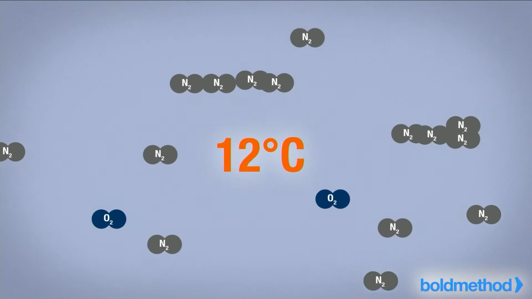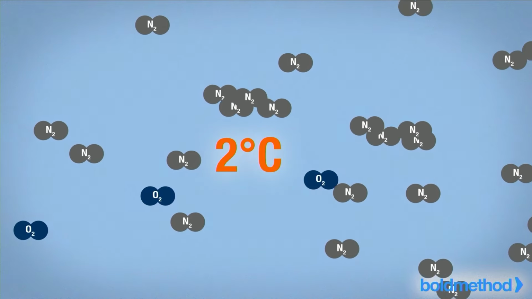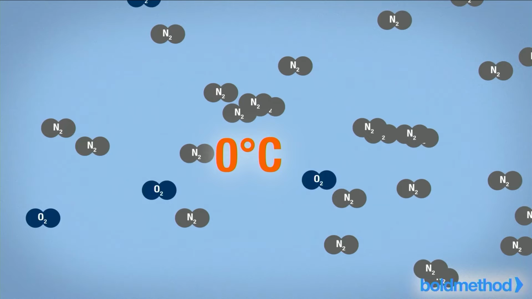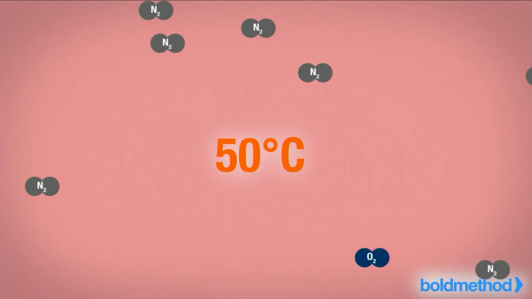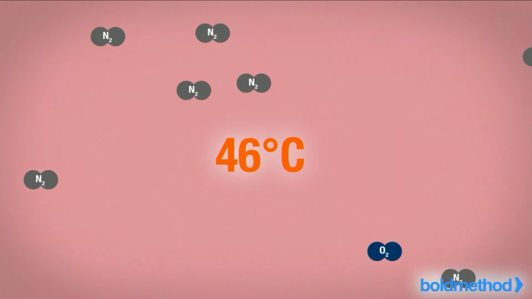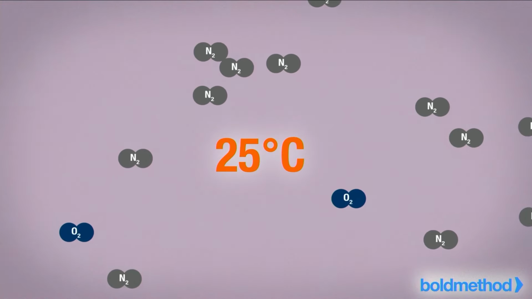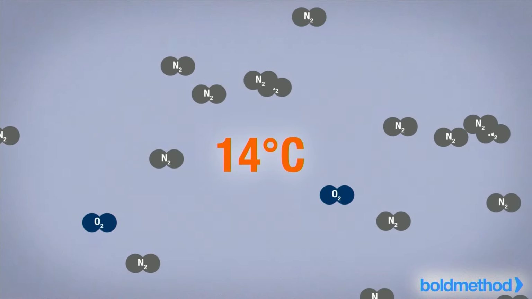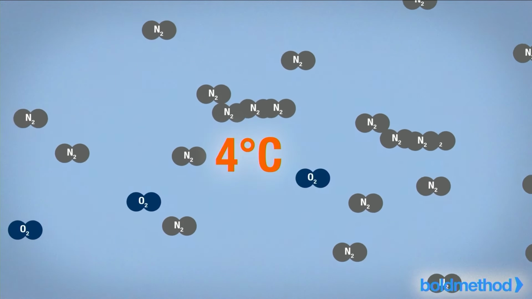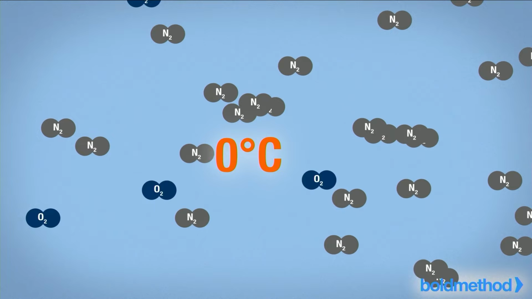But as that air cools down, notice that they're moving much slower. So watch that again. When the air is hot, the molecules move far and they move quickly. But as the air starts to cool down, those molecules move only a little bit and they move very slowly. So what does that have to do with Mach and the speed of sound?